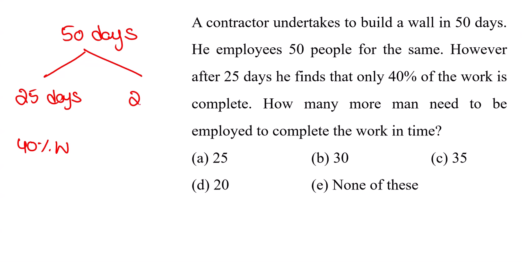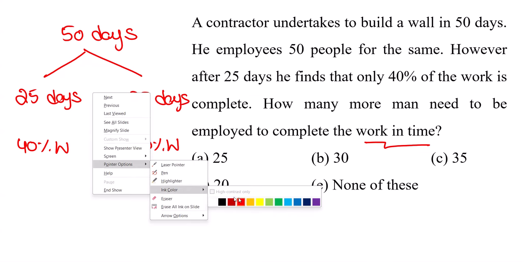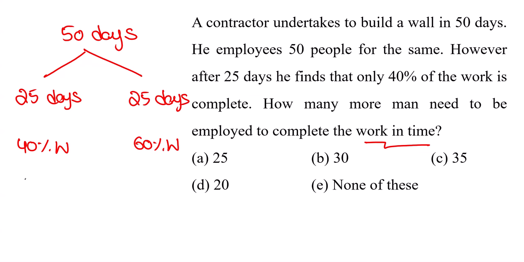Remaining time is 25 days and pending work is 60%. Time is less, more work to be completed, so you can deploy more people. Initially 50 people are there, now 50 plus some extra you are going to deploy. What is that extra number of members is the question.